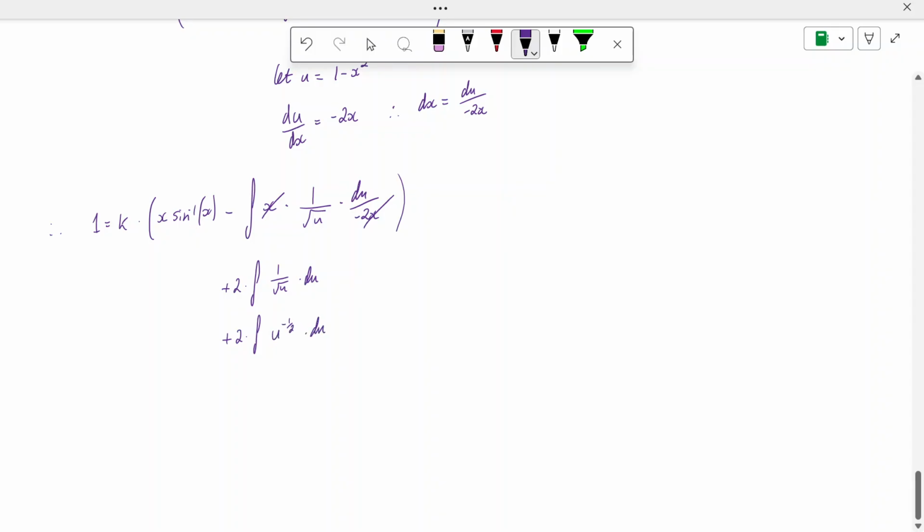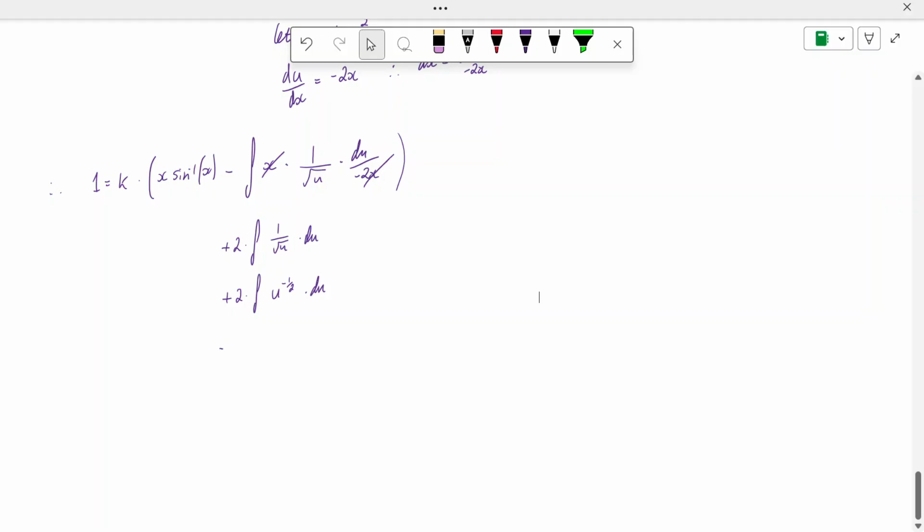We're not going to use ln or anything crazy. We're just going to express it like this: u to the negative half. If I integrate this, I'm going to add 1 to the power and divide by the new power. Oh, and I just realized that should be a 1 on 2 at the front. Now when I divide by a half, it's really equivalent to multiplying by 2.